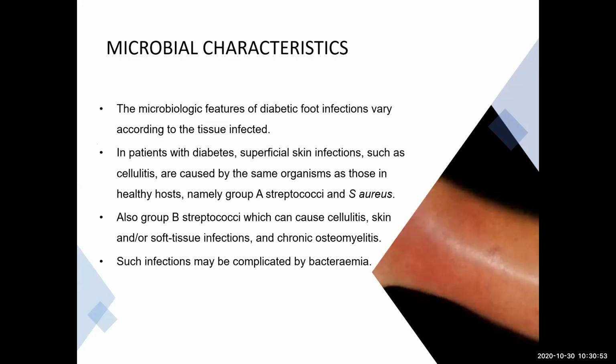If we have superficial skin infection like cellulitis, it is the same as in any other healthy non-diabetic patient. It's streptococci or Staphylococcus aureus. Group B streptococci can cause cellulitis, skin and soft tissue infection, and chronic osteomyelitis. Such infection can cause bacteremia and fever and shivering, so we have to take care.